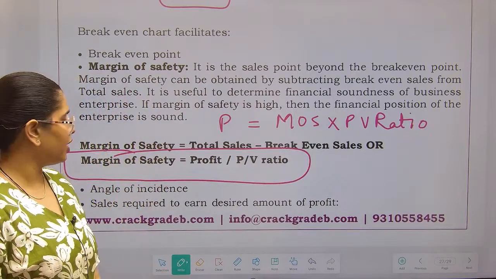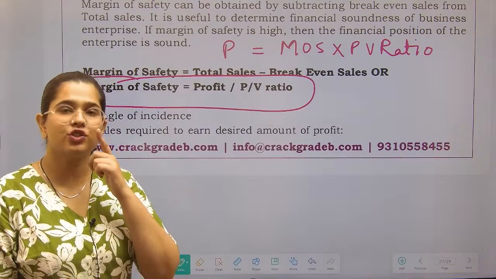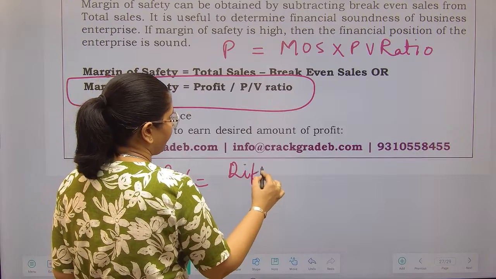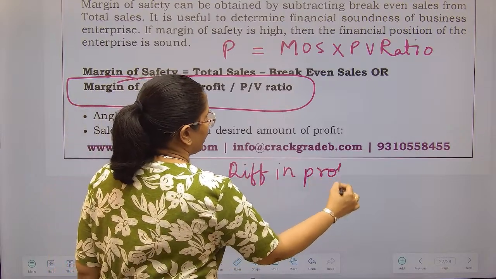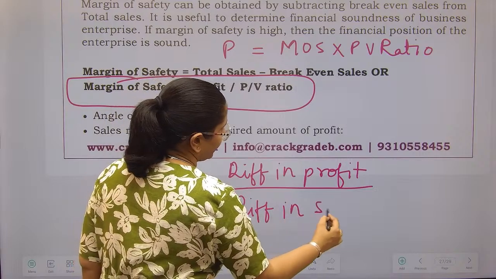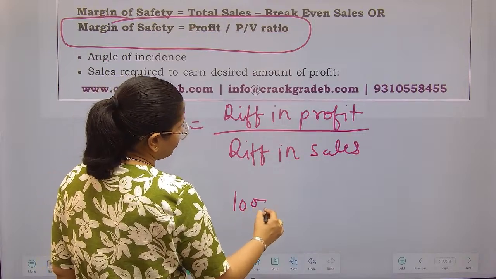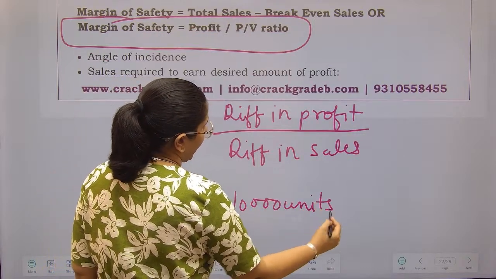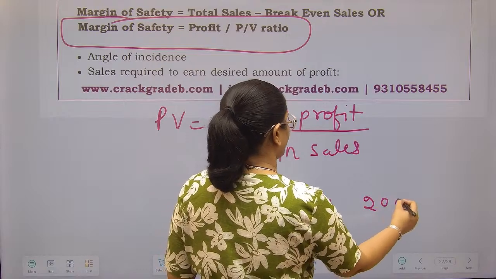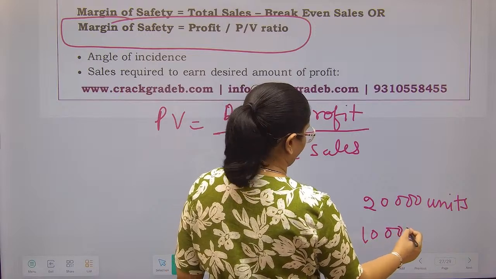One more thing that I would like to tell you over here, कभी कभी आपको पीवी रेशियो निकालने के लिए कुछ डिफरेंट सिचुएशन दे सकते हैं। सो पीवी रेशियो का एक फॉर्मूला ये भी होता है, डिफरेंस इन प्रॉफिट डिवाइडेड बाय डिफरेंस इन सेल्स। सो देखो, मुझे ये सिचुएशन दी हुई है कि at 10,000 units of sales I am able to earn 5 lakh rupees profit, and 20,000 units of sale में I am able to earn 10 lakh rupees of profit, right?